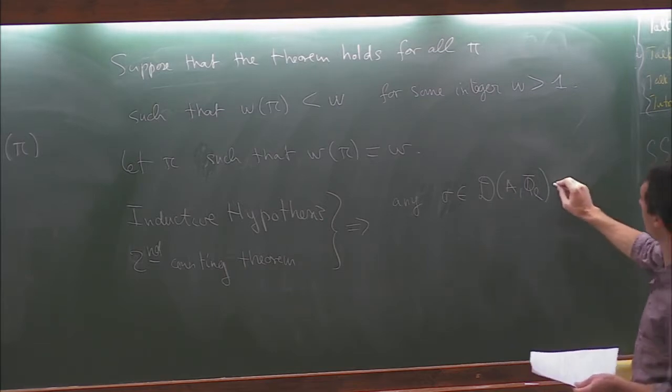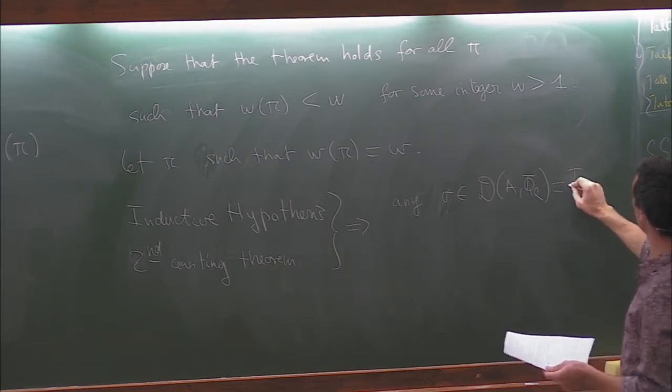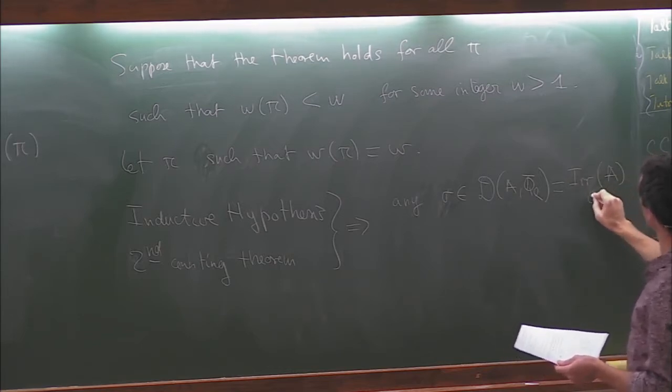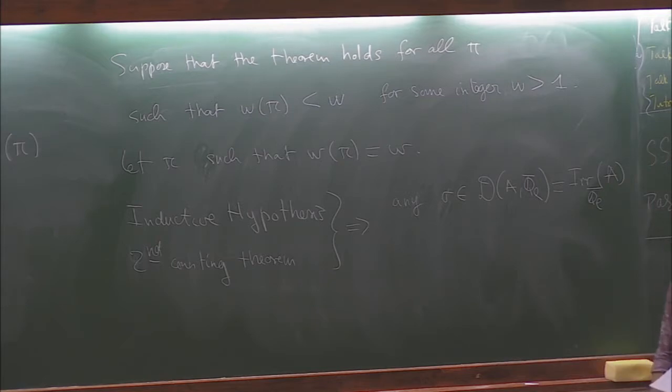So D of A is exactly the same as the set of all irreducible representations because A is compact mod center.